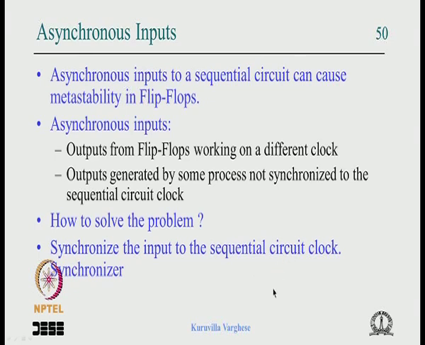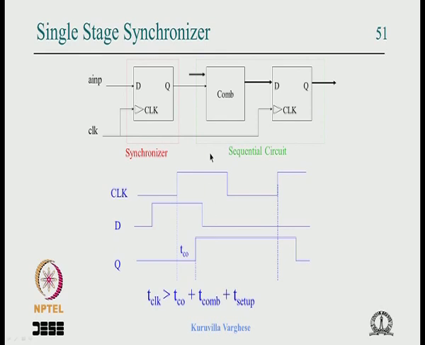Okay. So that is simple, because suppose assume this was a kind of scenario, this input was coming from outside, going through the combinational circuit to some flip flop in a sequential circuit. Now this was asynchronous. Now how to synchronize it?